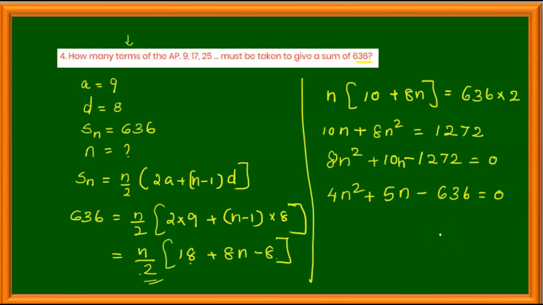Which one do you prefer? We can use splitting the middle term, the product of 4 and 636, and their factors.